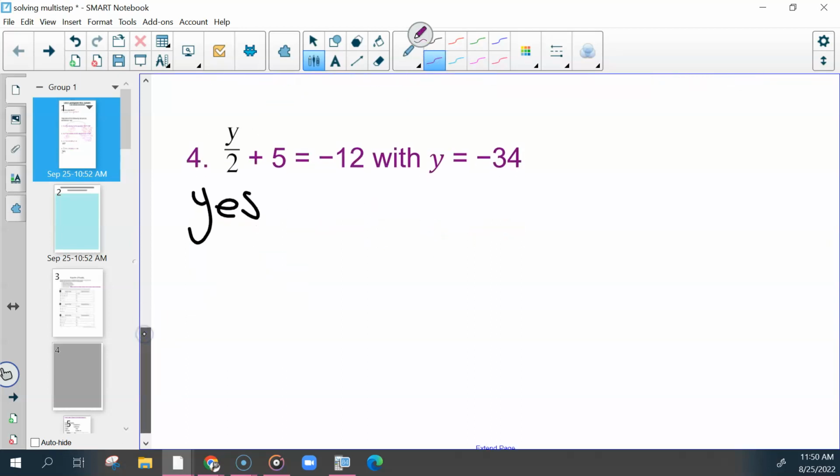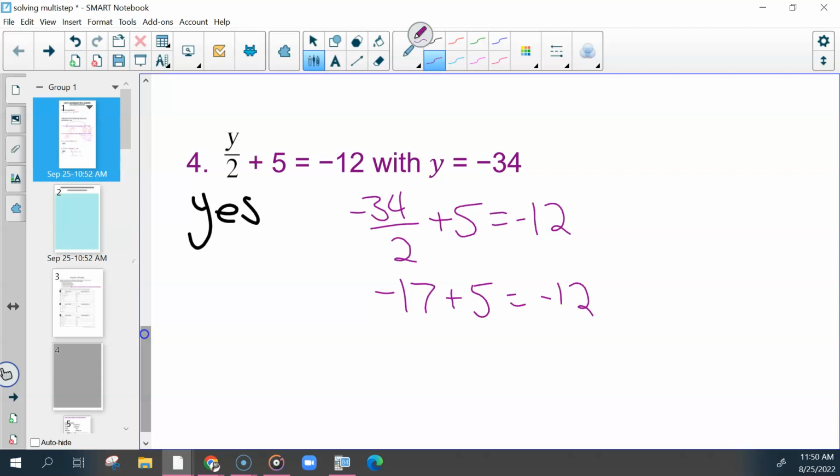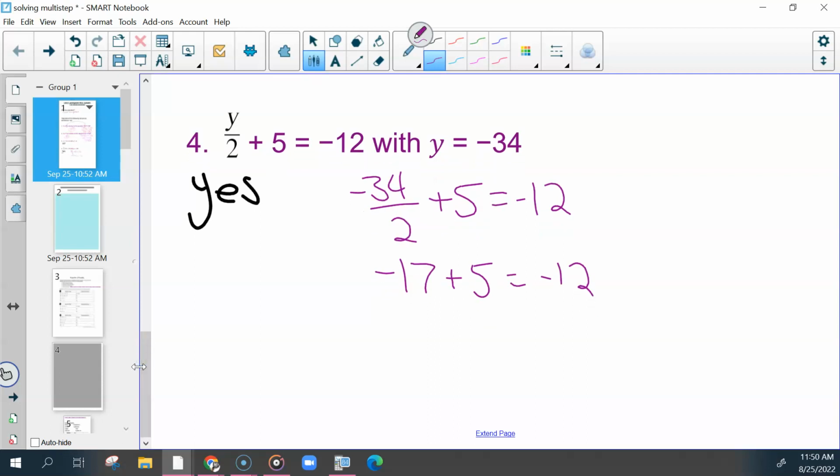Okay, for this one, we had to put negative 34 over 2. And then order of operations, we need to divide first, so negative 17. And then add negative 17 and 5, and that would give us negative 12.